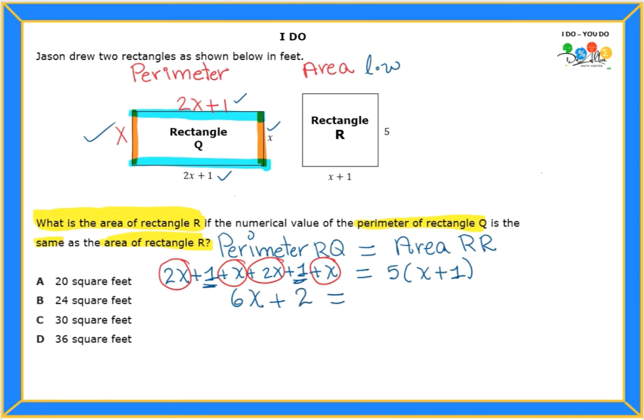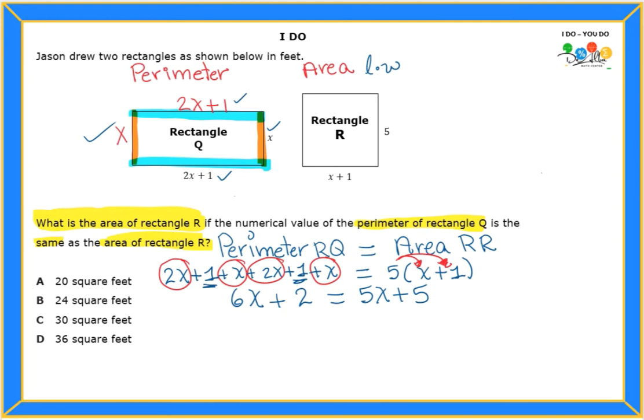And that will be equal to, on the other side, notice how I need to use the distributive property for that one. So I'm going to multiply 5 times x and 5 times 1. Make sure that you multiply 5 by both of them. So I am going to get 5x plus 5.